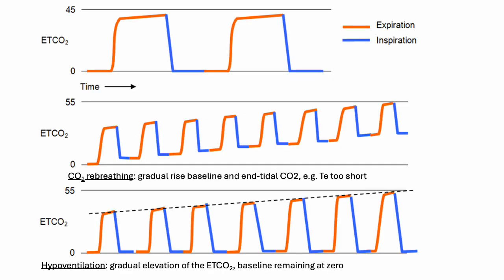Okay. Some illustrations of graphics. When you look at the graph, what it means, this is the normal one on top. Okay, this is the end-tidal CO2 on the y-axis, and on the horizontal axis the time. The orange color means exhalation, and the inspiration part is in blue.